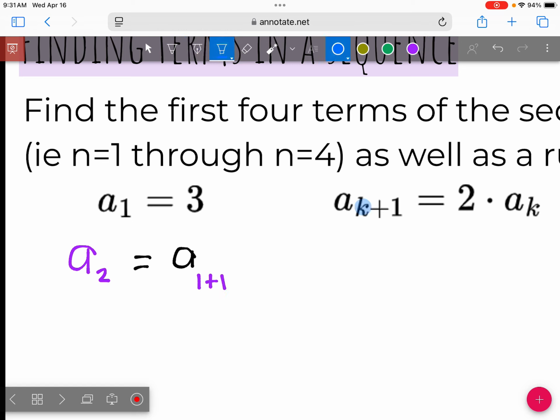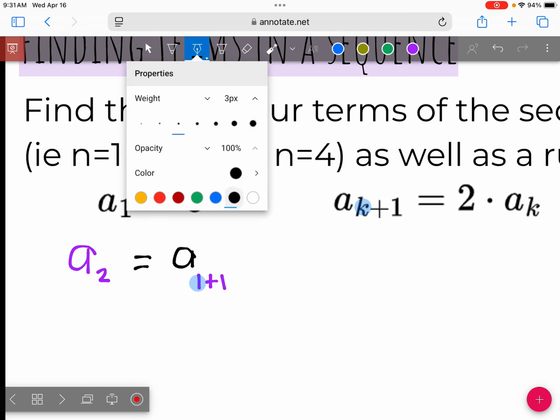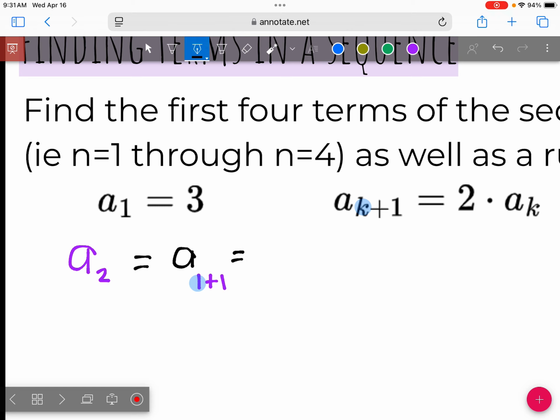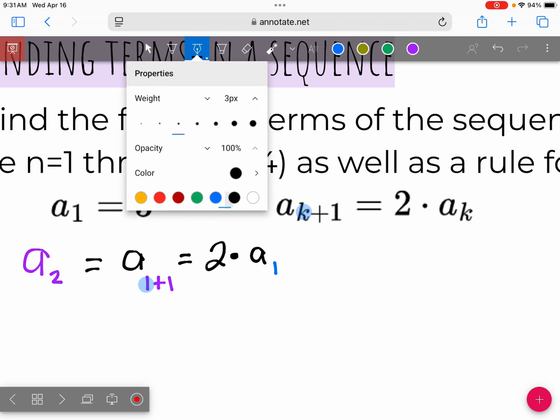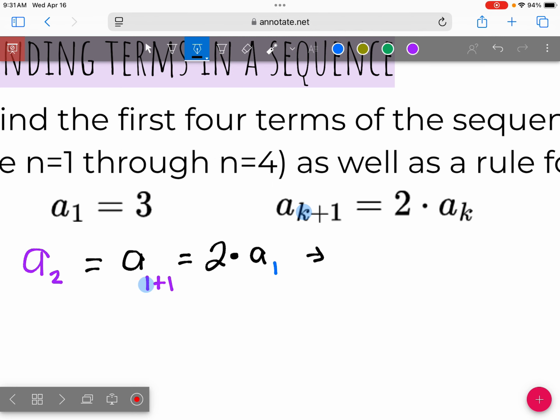Now I have k being 1. So if I follow that equation, this is going to be the same thing as 2 times a sub 1. But we know a sub 1 is 3, that's this guy here.